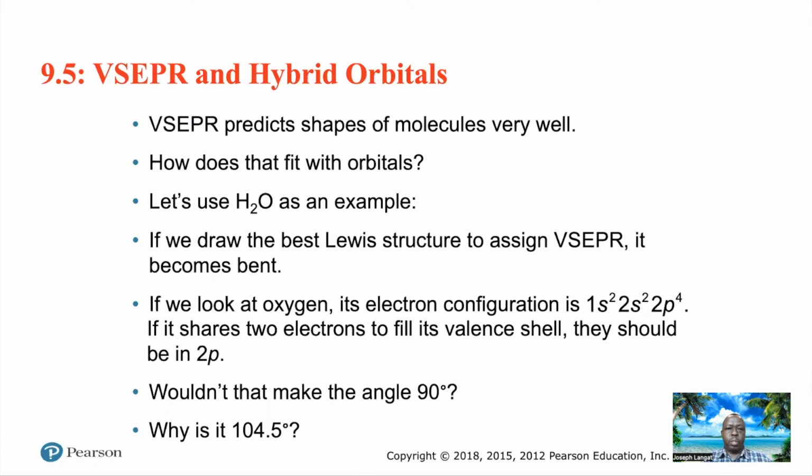We use that model to predict the shape. But how does it fit to atomic orbitals? For example, how are the bonds formed in H2O?